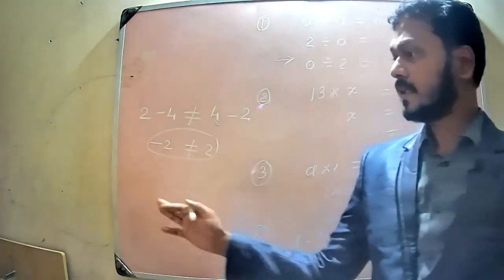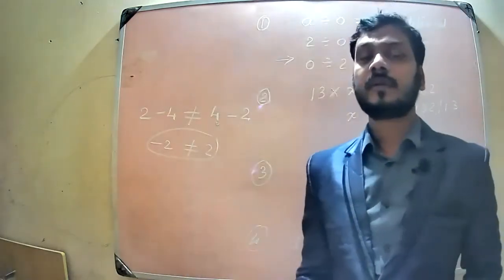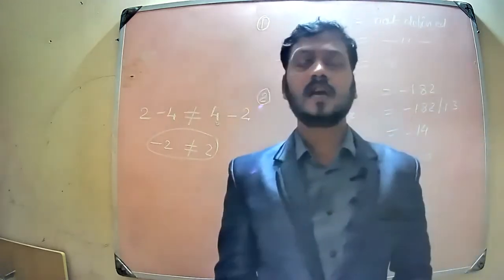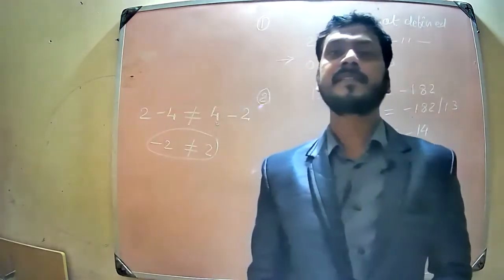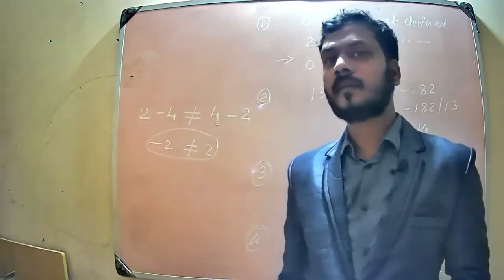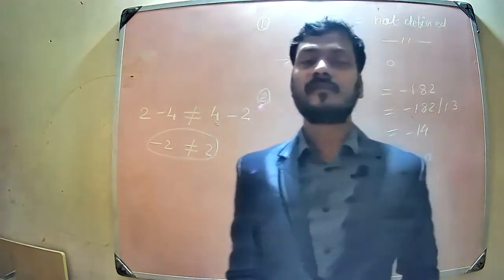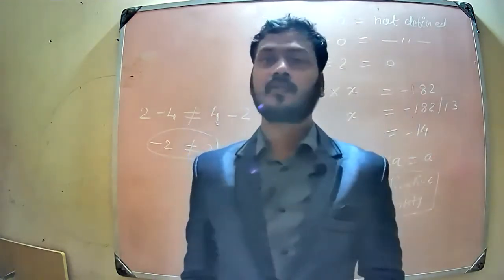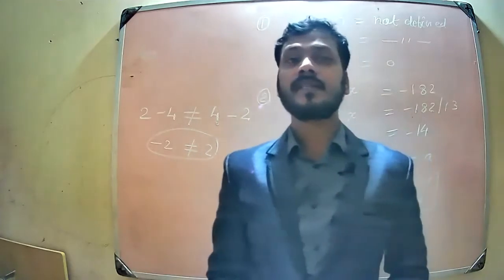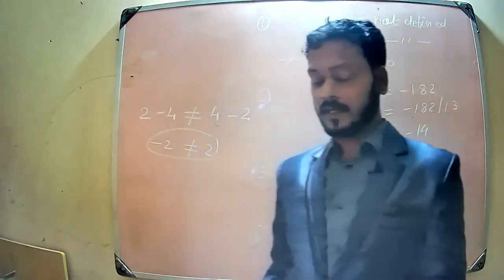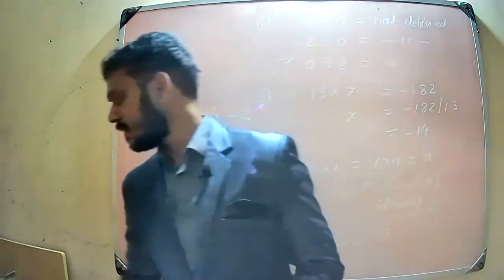So we can say these two are not equal to one another. So what property is used in this given problem? It is the commutative property, and the commutative property under subtraction does not follow this rule. So remember, the commutative property under subtraction is not applicable for integers.